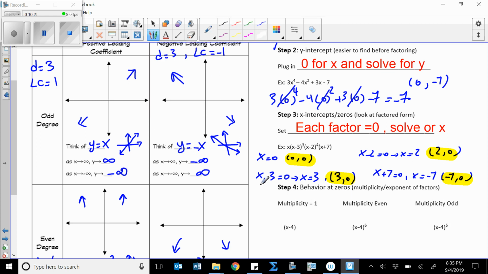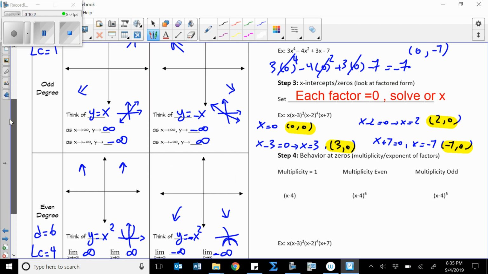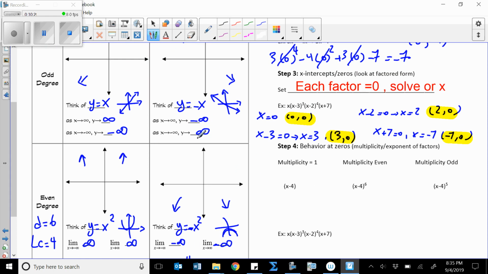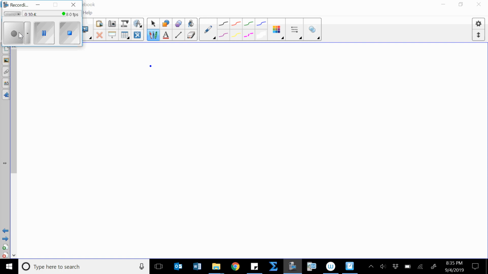Now let's go to the next step. So far we have learned how to find the end behavior, x-intercepts and y-intercept. We know that x-intercepts have another name: zeros. So let's say I give you a polynomial and I tell you to find the x- and y-intercepts, and you find them.